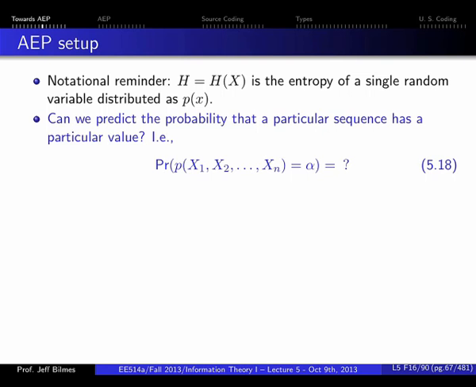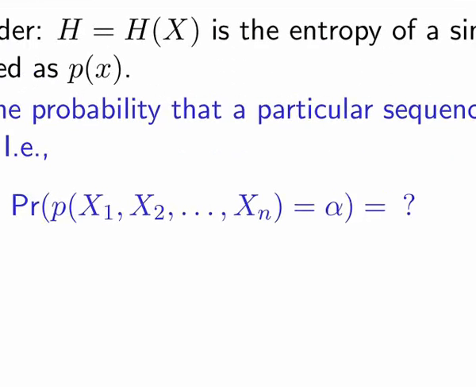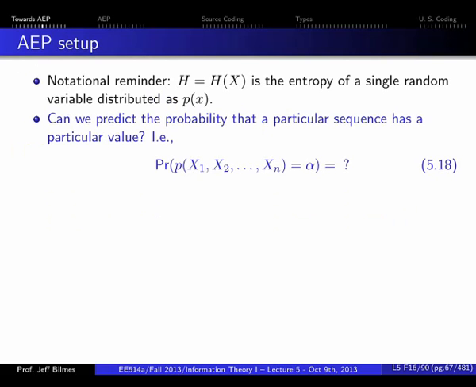Now here's a funny question. It's the probability of x1 through xn equaling alpha. Is that a well-defined thing to ask for? First of all, remember we said anything can be seen as a function of a set of random variables. So we can talk about the probability of x, which is really the probability that the random variable x is equal to x.